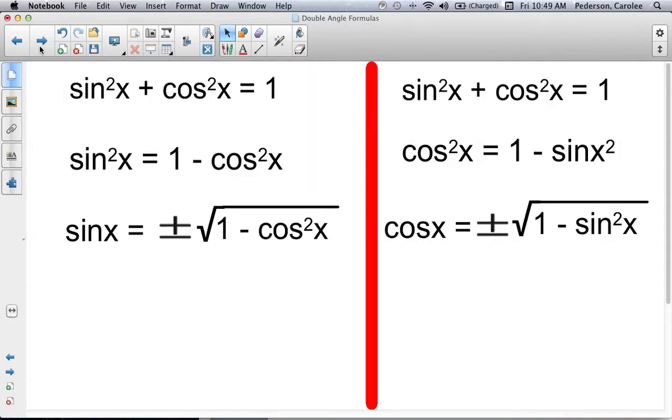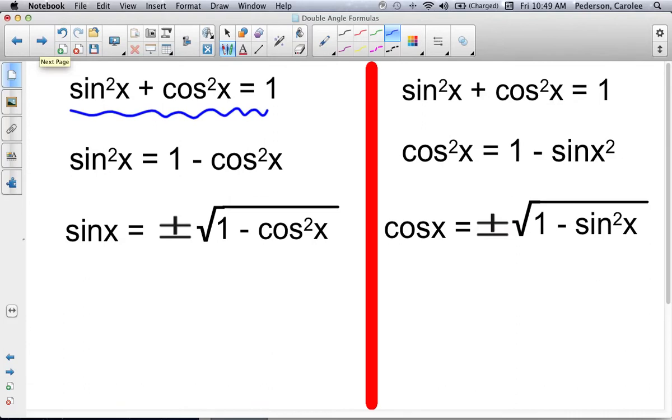I want to review with you for a moment the Pythagorean identity, and that's leading us into the next example with this problem. Here is the Pythagorean identity. Sine squared of x plus cosine squared of x.